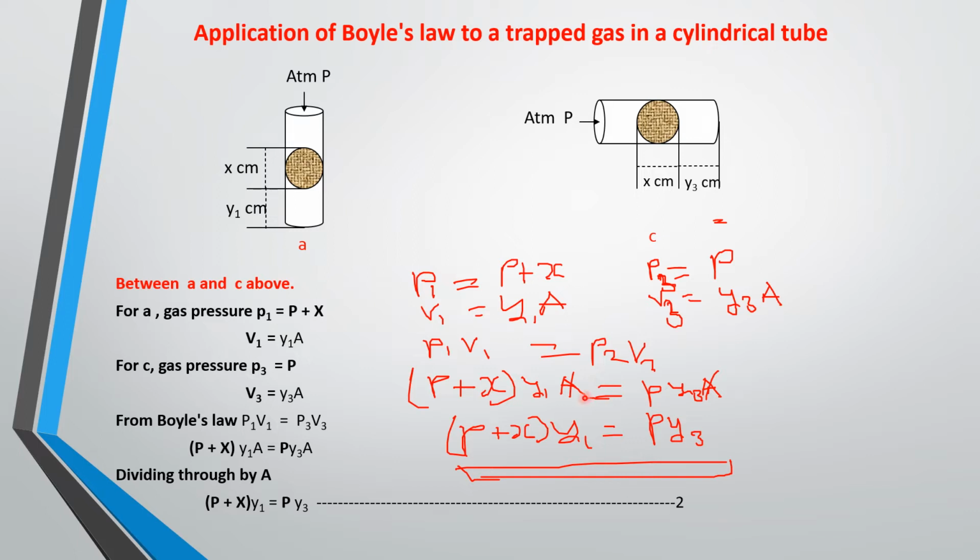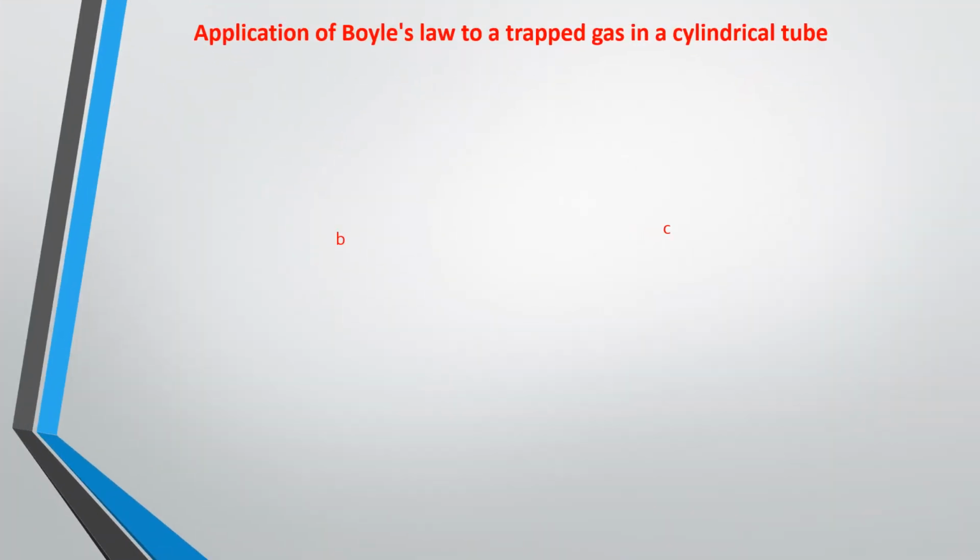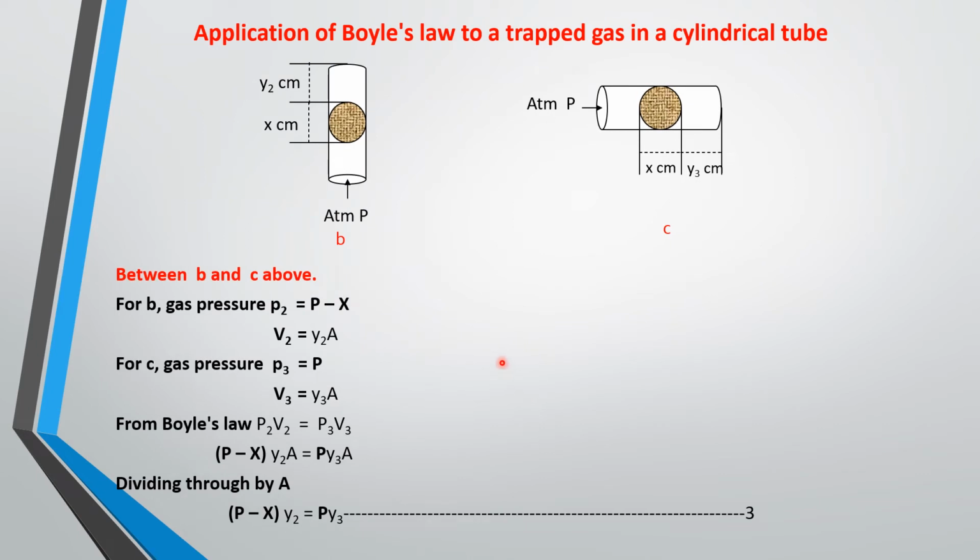Okay, so the next situation I want to look at now is this. The tube is inverted with the closed end at the top, and then it is held horizontal. So when the tube is inverted, the pressure will be atmospheric pressure minus the pressure due to the length of mercury, and the volume is the same as we said before.